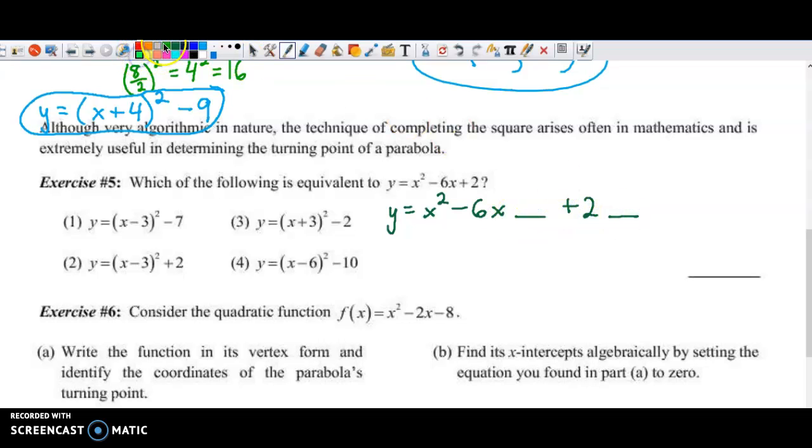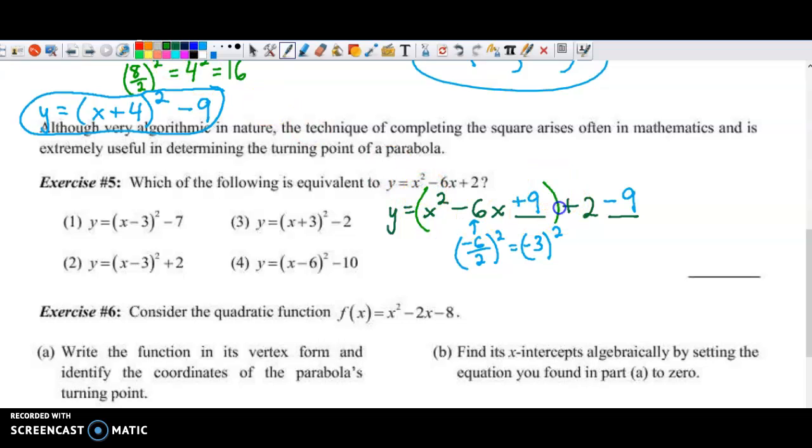So again, your process: you look at that middle number and you divide it by 2, and then you square that number. So -6 divided by 2 is -3, and once I square it, I get +9, but I can't just randomly put a +9 in there. I have to later subtract 9. Why do I go through that process?